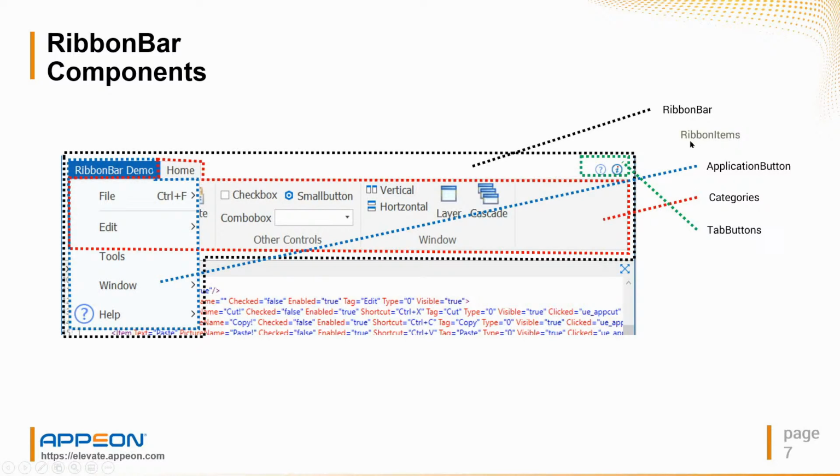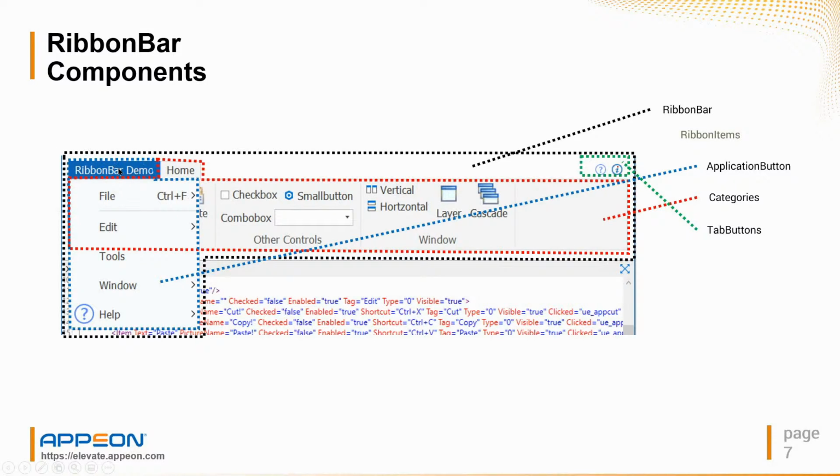There's a container within it called Ribbon Items, but there's no visible display for that. The RibbonBar itself is the entire RibbonBar. Ribbon Items is just a container, and the items within the Ribbon Items is the application button. That's the first, if you will, tab on the menu. It's actually not really a tab, it's just the first button there.